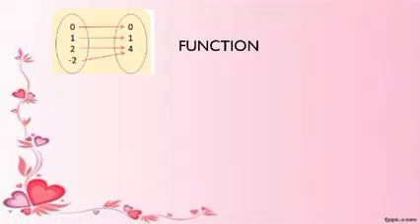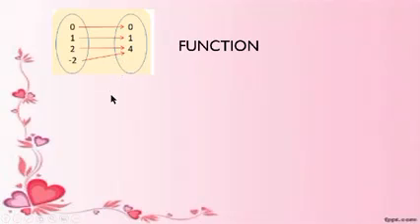Okay, it is a function. Kasi, let's analyze. 0 is to 0, 1 is to 1, 2 is to 4, negative 2 is to 4. Hindi naman naulit yung value ng x.